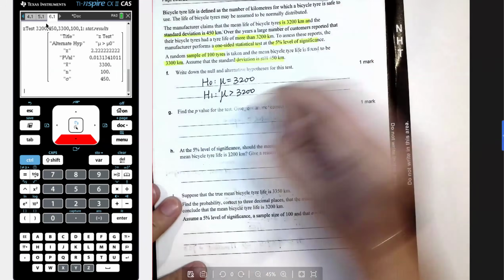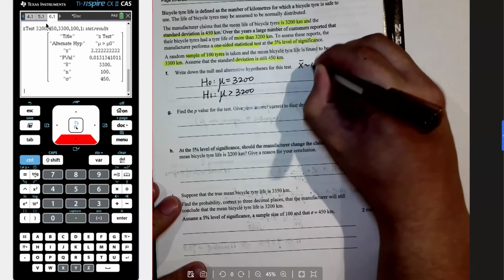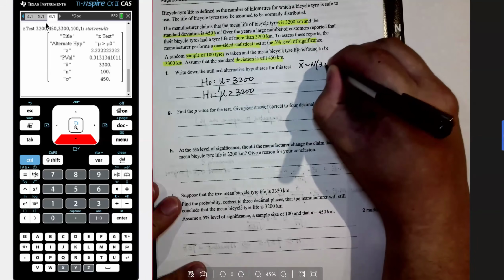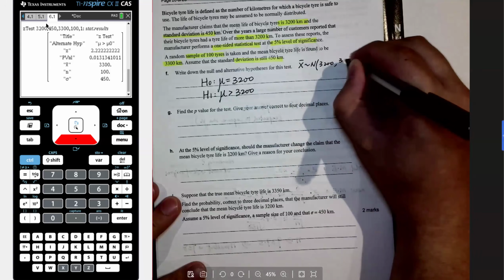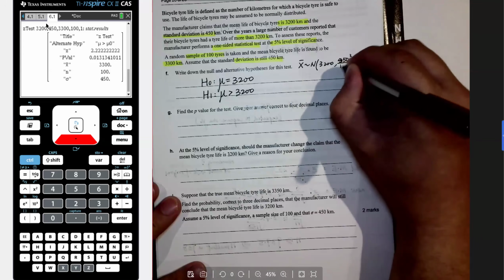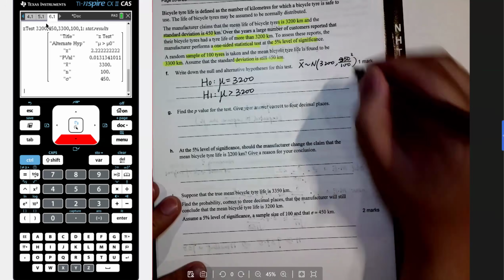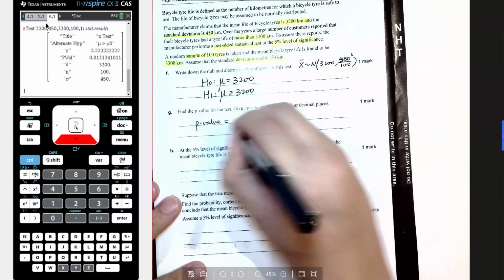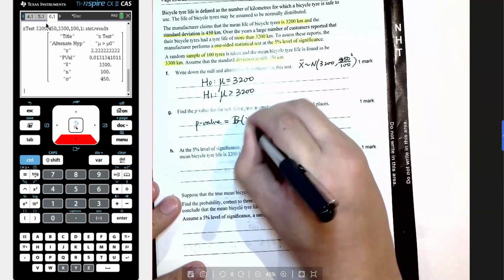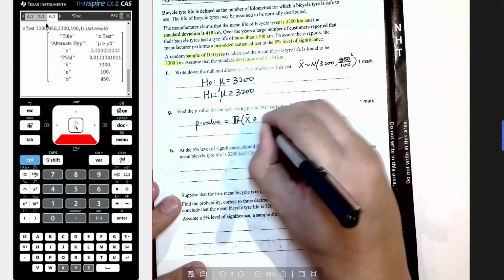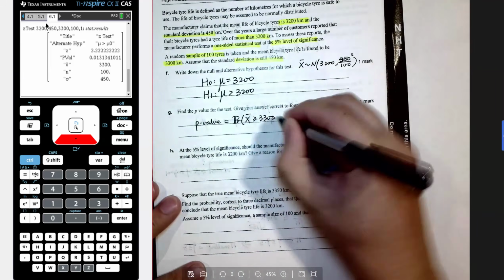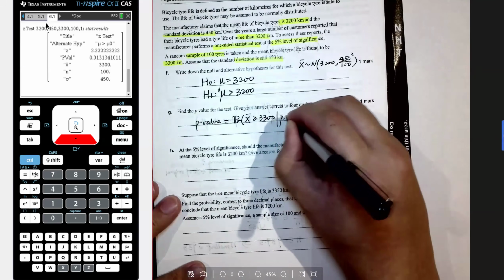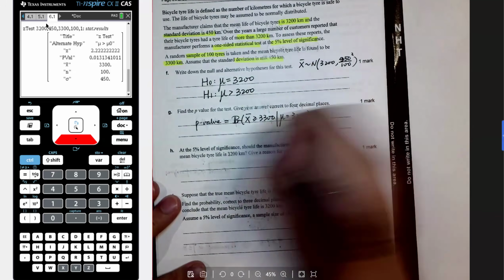So we say x bar is a normal distribution, 3200, comma 450 squared divided by 100, something along this line. And the p-value is the probability x bar greater than or equal to 3,300, given mu equals 3,200.